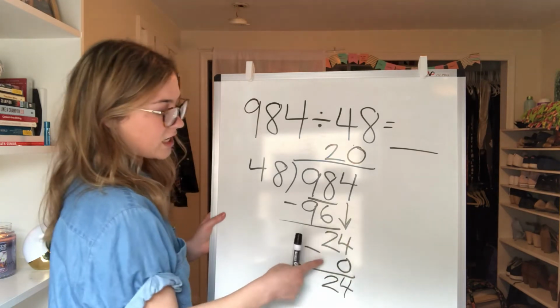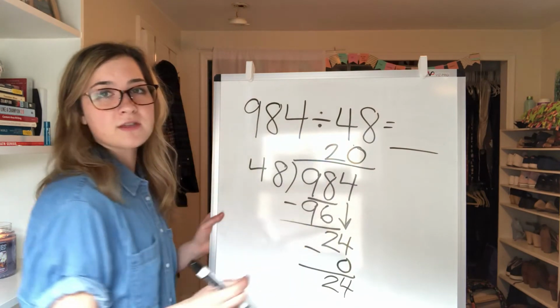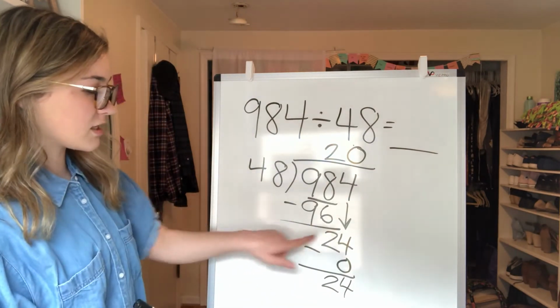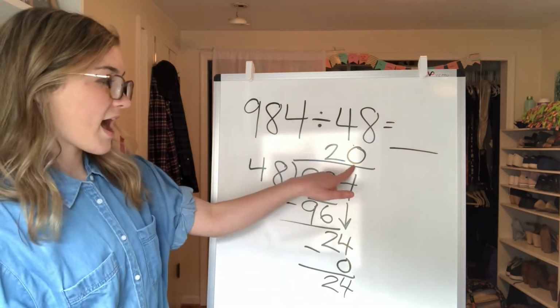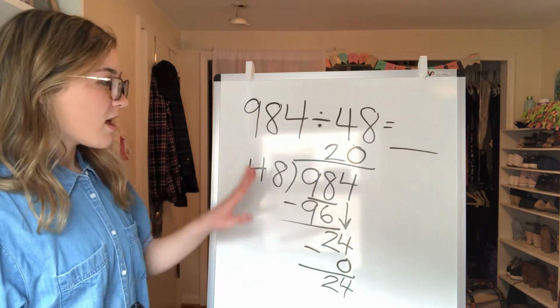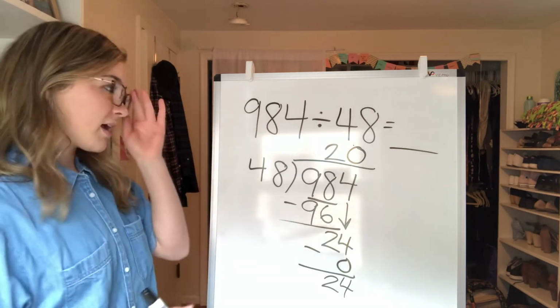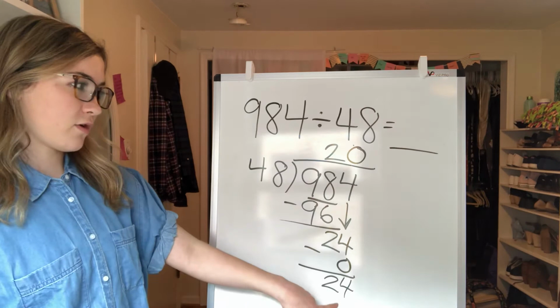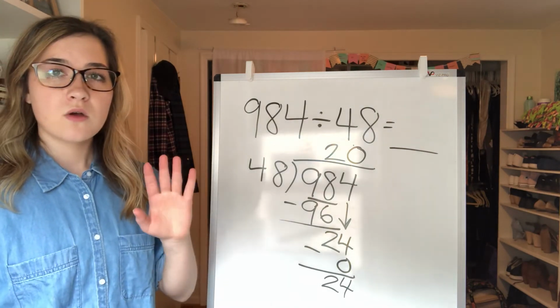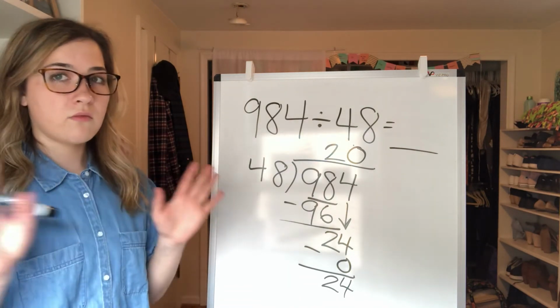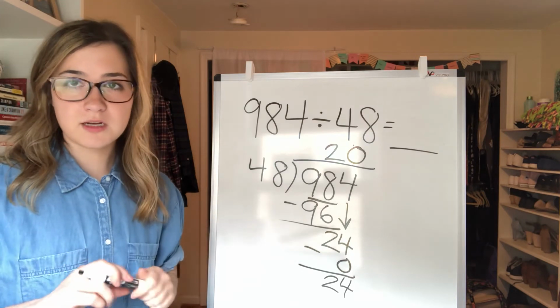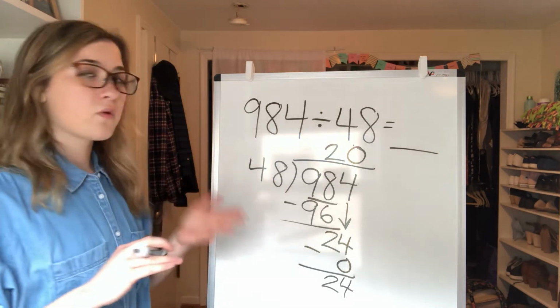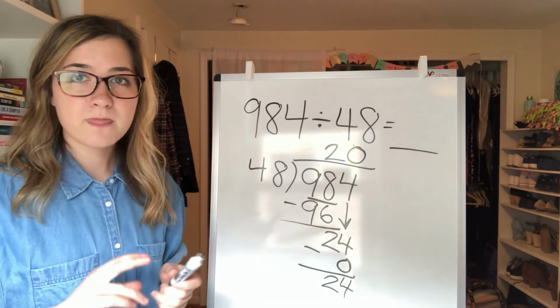So nothing changed, but I need to make sure I put that 0 there because 48 goes into 24 0 times. Now, if I was using a remainder, my answer would be 20 remainder 24. Okay, but we are way past the point of remainders, and so we're going to use a decimal instead.